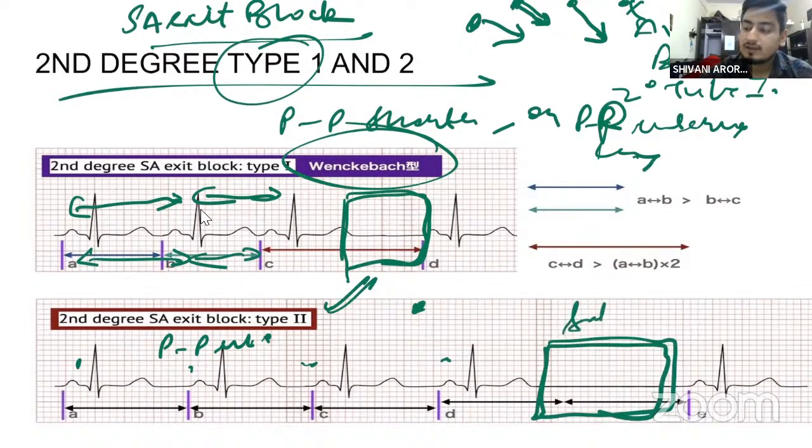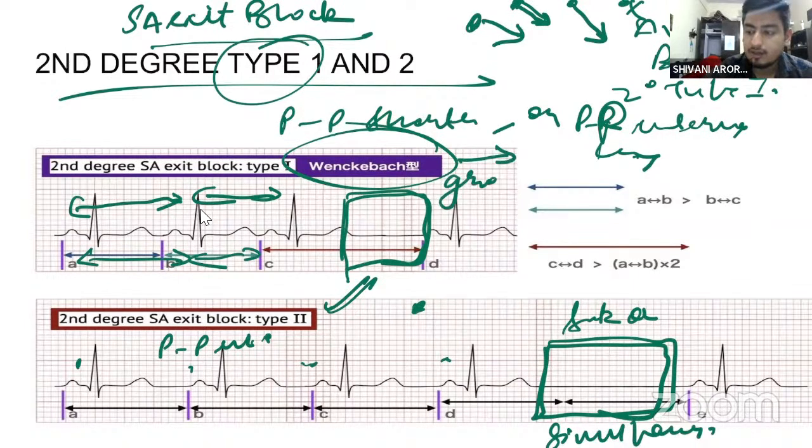So a skipped cardiac cycle, or this is known as sinus pause. So SA exit block type 1 and type 2 presents like AV nodal blockage second degree type 1 and type 2. Type 1 has Wenckebach phenomena or group beating. Similarly, we call second degree AV nodal blockage type 1 as group beating or Wenckebach phenomena.